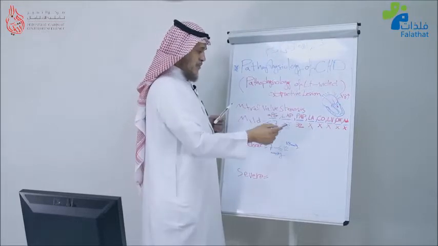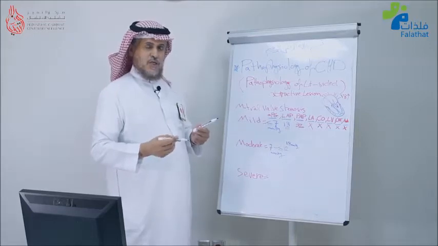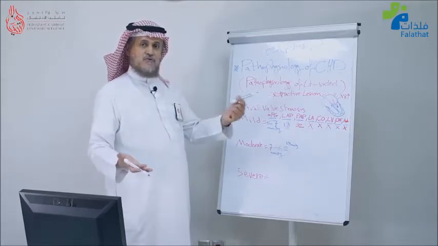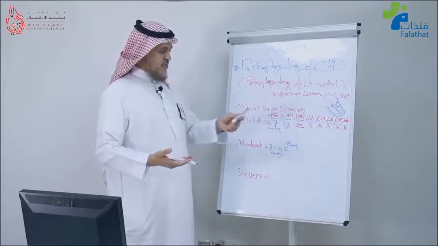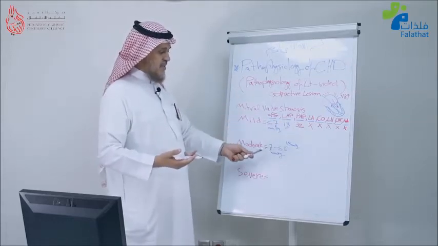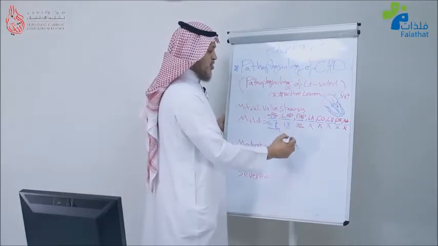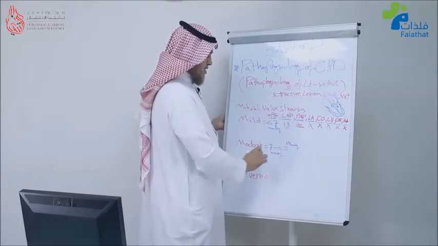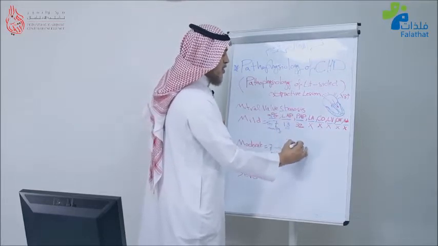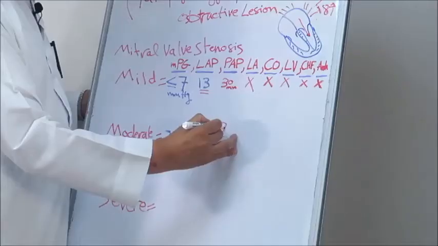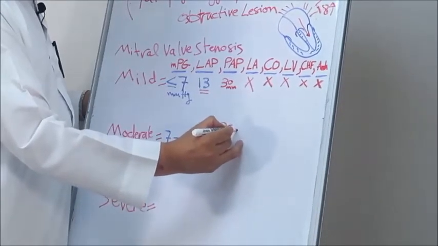We know that the PA pressure normal is about 15 to 25. We chose last time to take the higher number, 25. So 25 plus the mean of 10, then your PA pressure in a moderate mitral valve stenosis, mean PA pressure will be around 35 millimeter mercury.